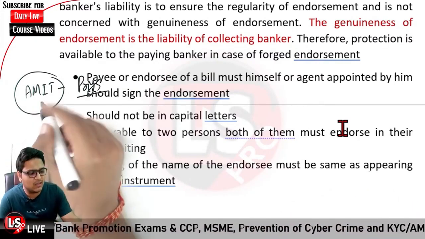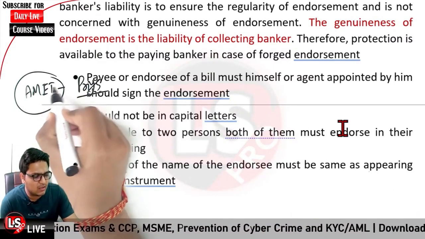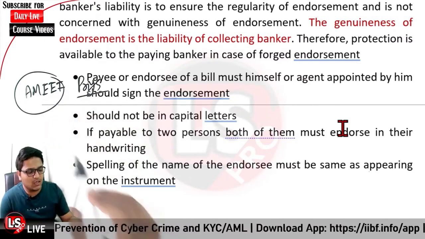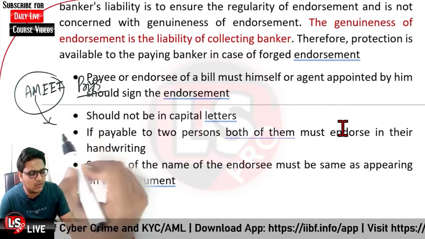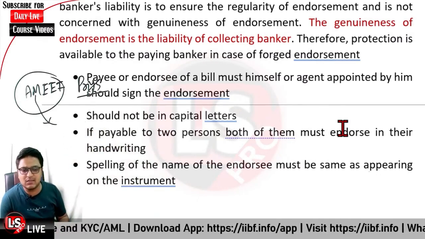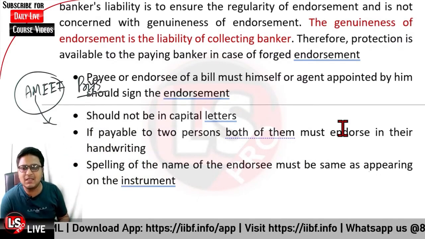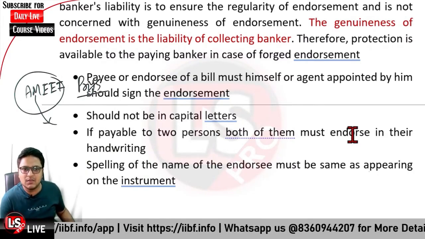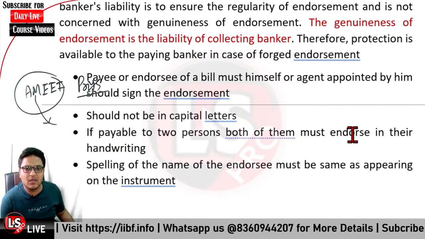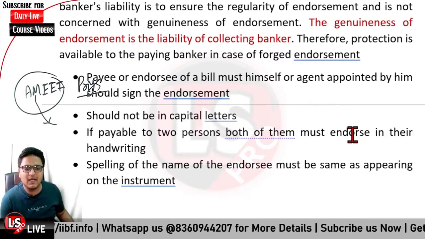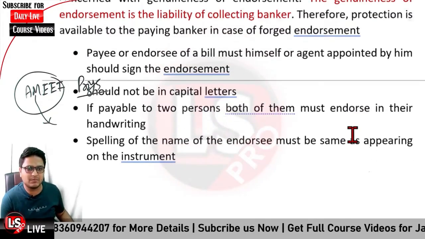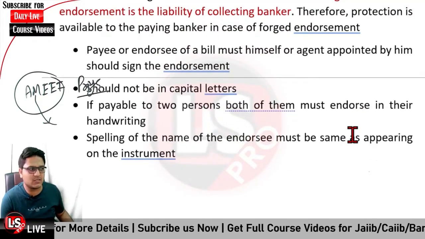If Amit's name appears on the instrument as Amit, Amit is to sign the endorsement with the same spelling. Is it clear? Amit and Priya will be endorsing the instrument in the same spelling as appearing on the instrument itself.